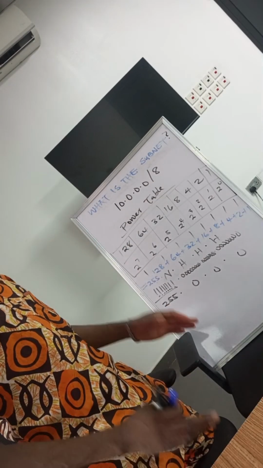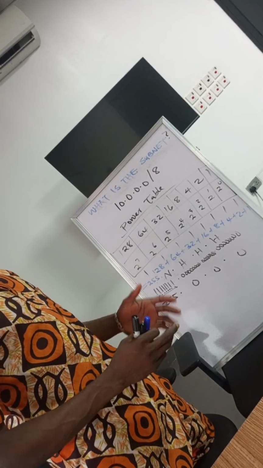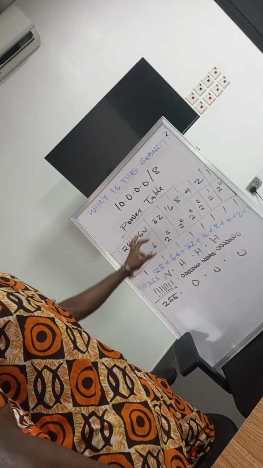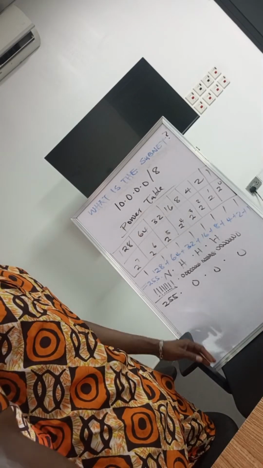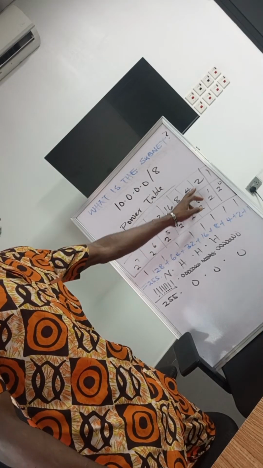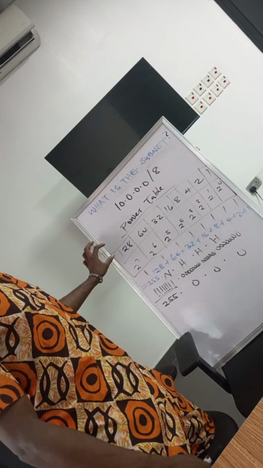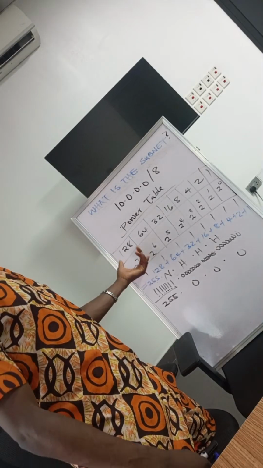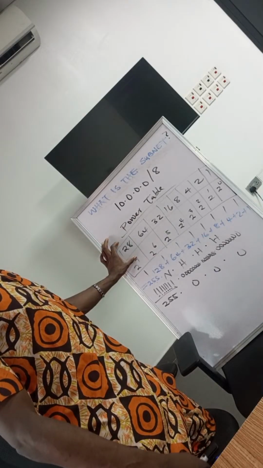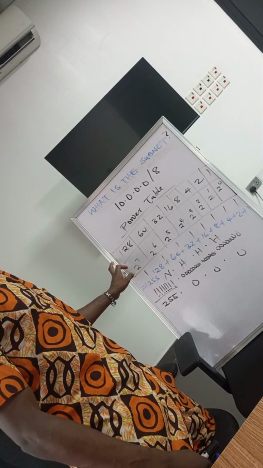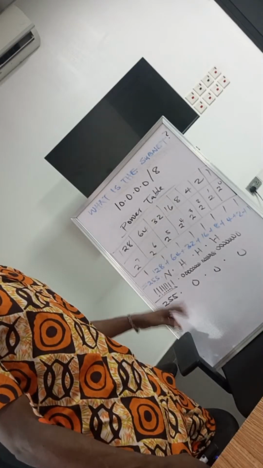One of the ways we can get it faster is by understanding the power table: 128, 64, 32, 16, 8, 4, 2, 1. These are 8-bit number place values. The 128, 2 raised to the power 7, gives us 128. So it's in the power of 2.